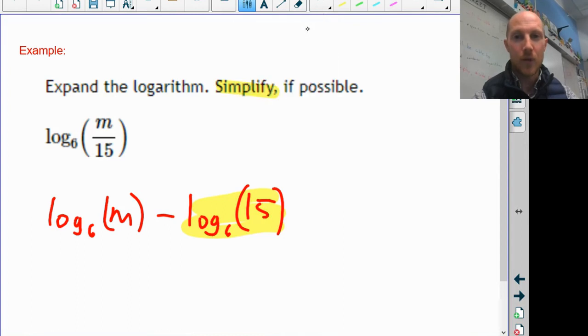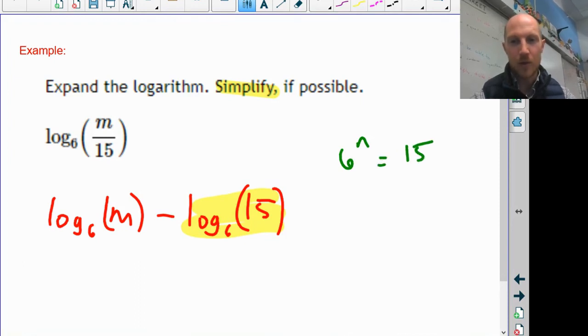So I'm going to ask myself those same questions. 6 raised to some power is going to give me 15. 6 multiplied by itself how many times gives me 15? Well, 6 times 6 is 36, and that doesn't work. And 6 by itself doesn't work, and so this does not simplify.